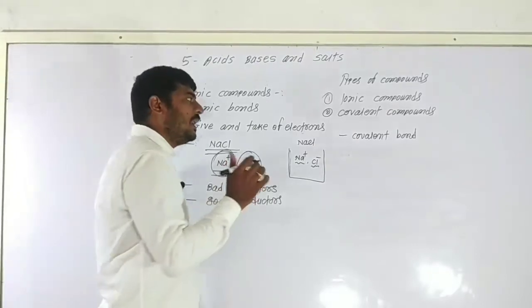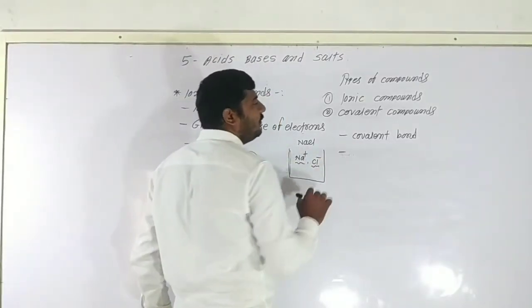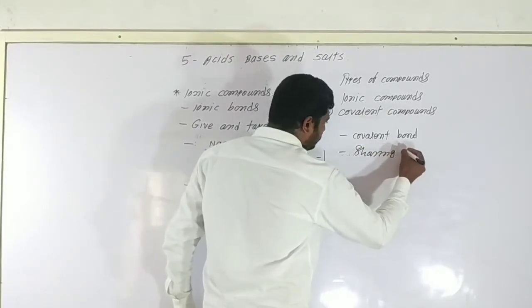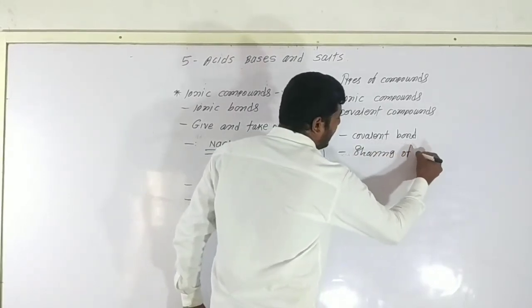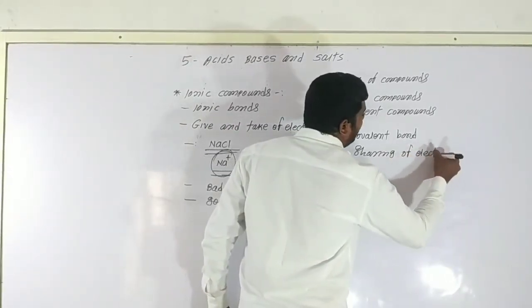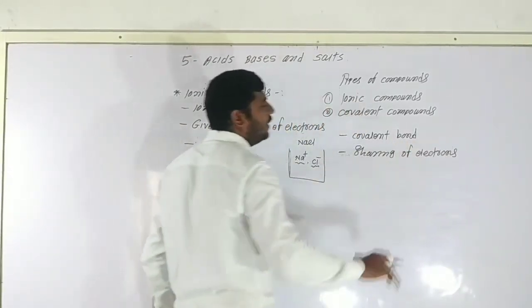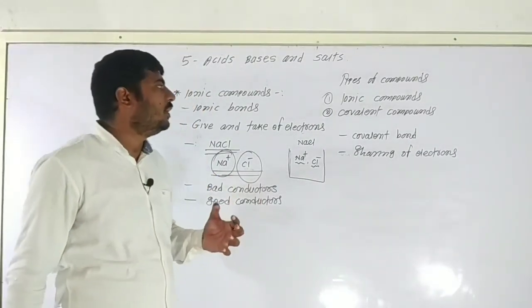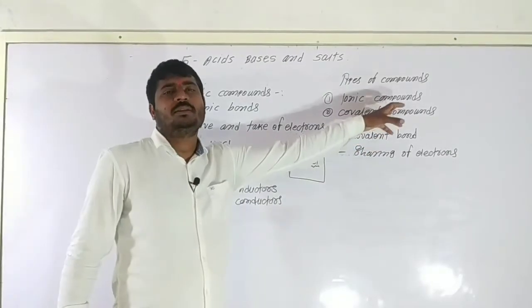Covalent bonds arise due to sharing of electrons. The bonds which arise due to sharing of electrons are called covalent bonds, and the compounds which contain covalent bonds are called covalent compounds.